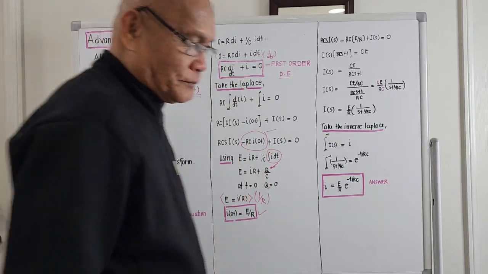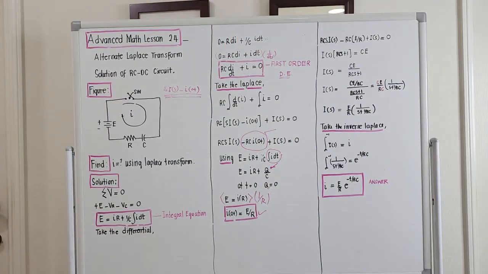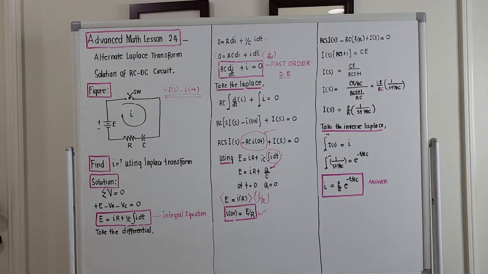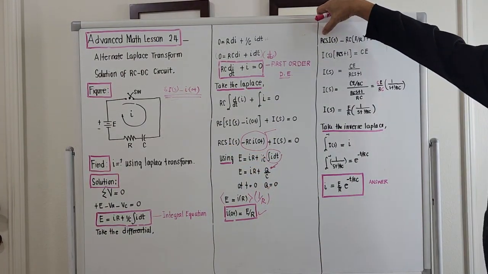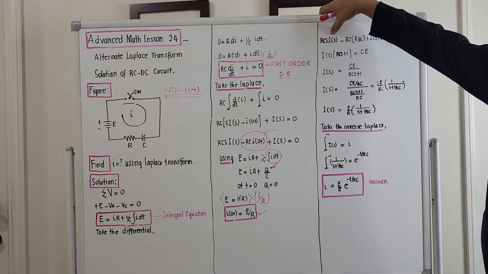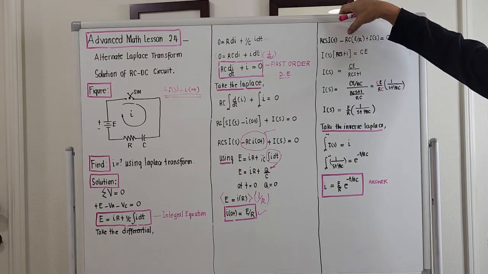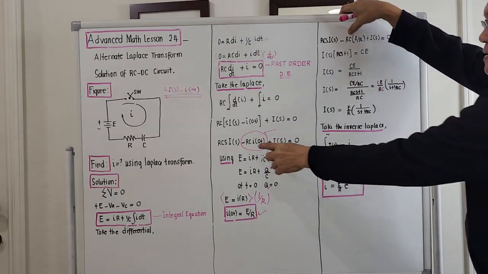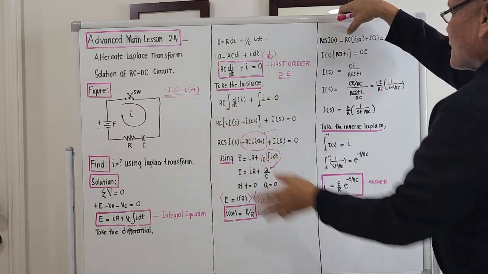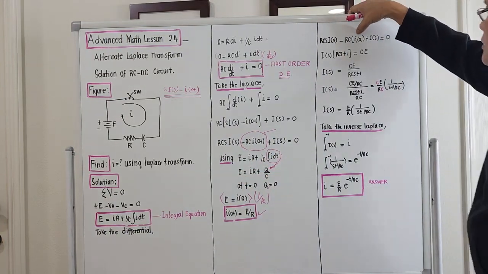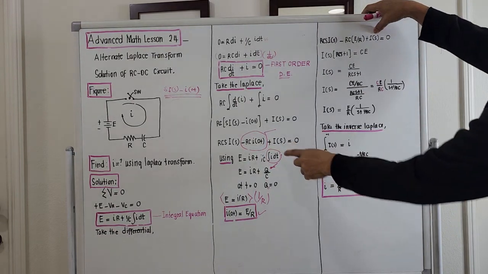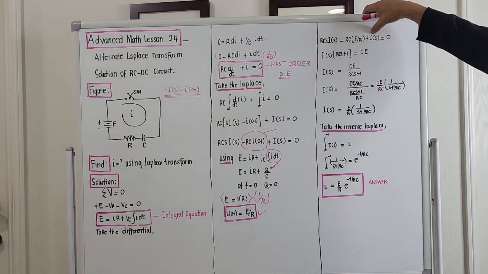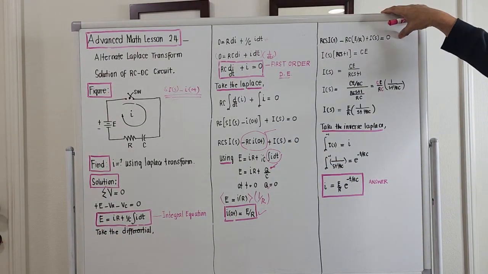So what comes out? I will check my camera. Still okay. I will continue with this one. So RCS, capital letter I as a function of S, minus RC times I sub 0 plus, which from our computation is actually E over R, plus capital letter I as a function of S, and this should be equal to 0.